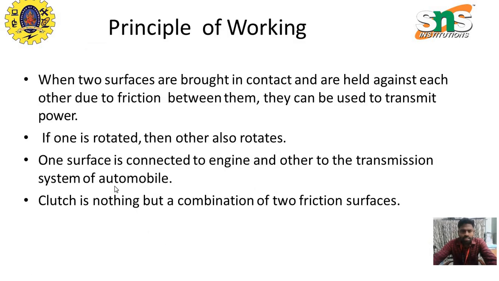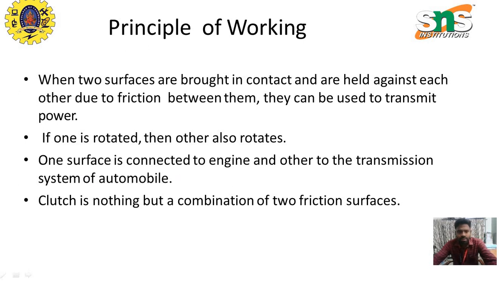If one surface is rotated, the other also rotates. In the clutch we have a number of plates, each a rotating component; while one rotates, the remaining components start to rotate. One surface is connected to the engine and the other to the transmission system of the automobile.